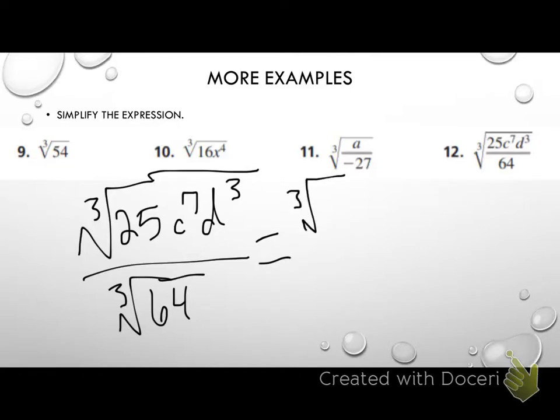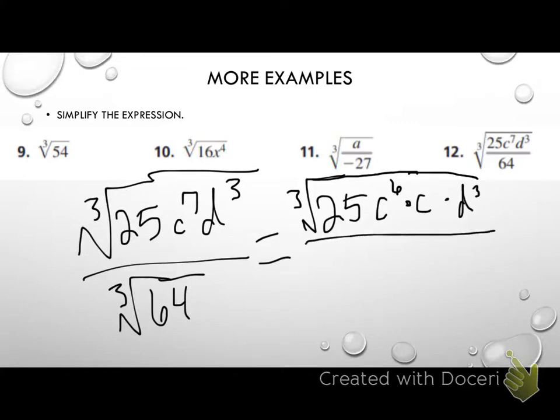I want to try to find the biggest perfect cube that goes into 25. None of my perfect cubes go into 25, so I cannot break it down. C to the 7th, we need a multiple of 3, so it'll be c to the 6th times c. And then d to the 3rd is already a multiple of 3, so I can leave it like it is. And then the cube root of 64 gives me 4.